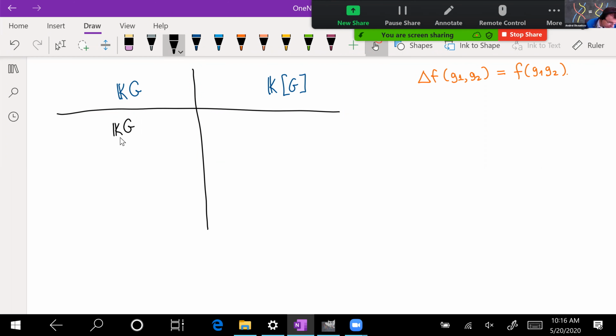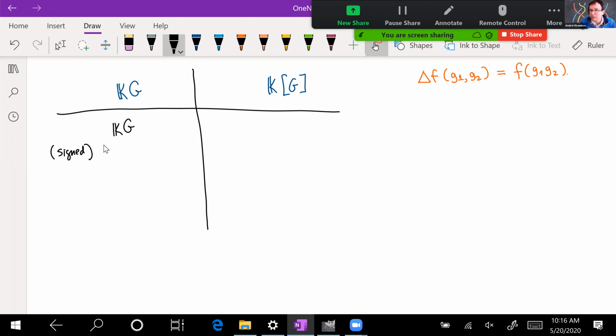Or you can think of a finite combination of your group elements as a collection of delta masses on the group. Then you can replace it by a general measure, so a signed measure.